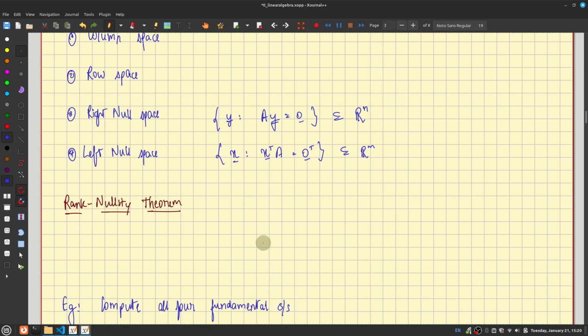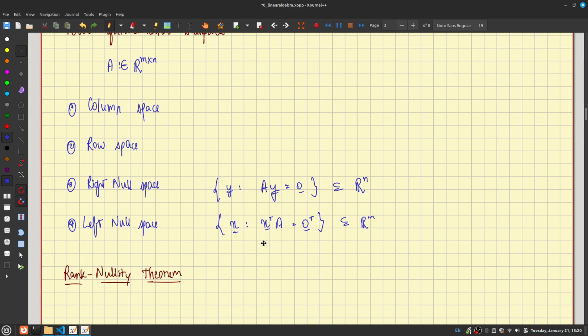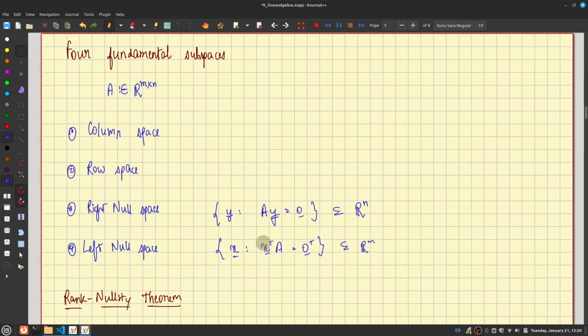Okay, firstly, given a particular matrix, you can look at these spans. Each of these is a vector space in itself, a vector subspace of the appropriate ambient space R^m or R^n.